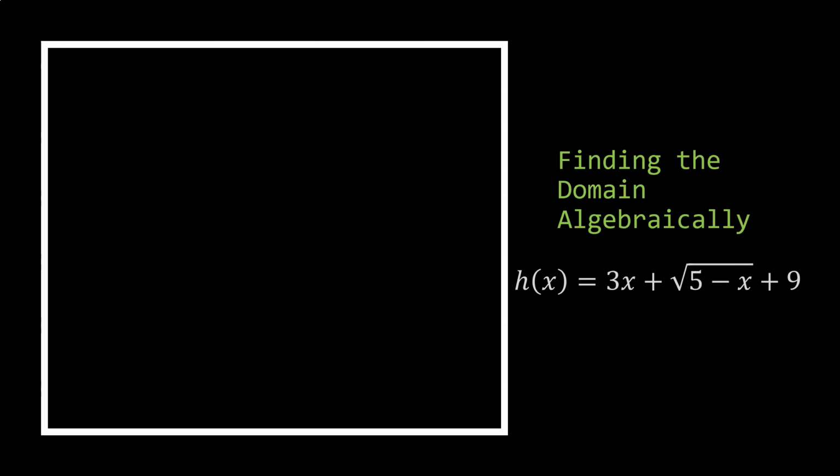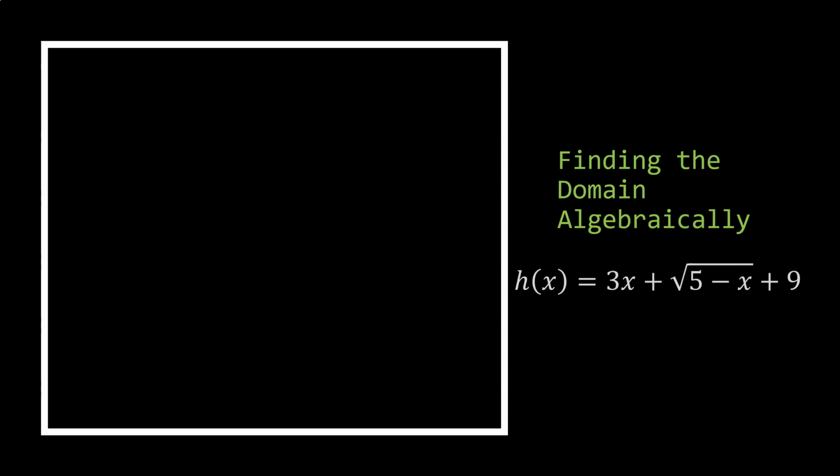All right, finding the domain of h of x being 3 times x plus the square root of 5 minus x, plus 9. So x is the input here, right? So we're going to take x and then multiply it by 3, which we can always do. So that's not an issue.